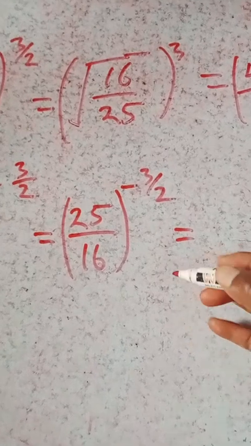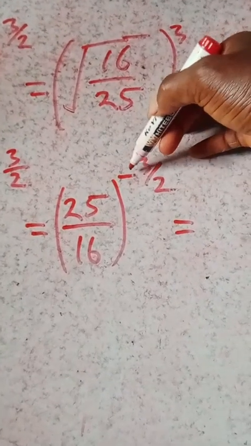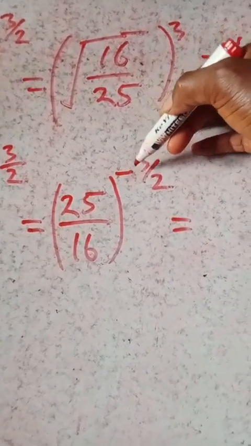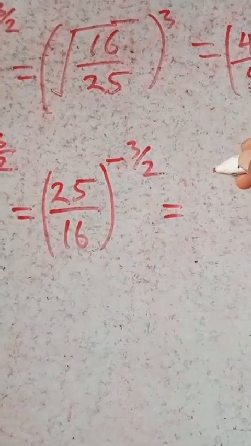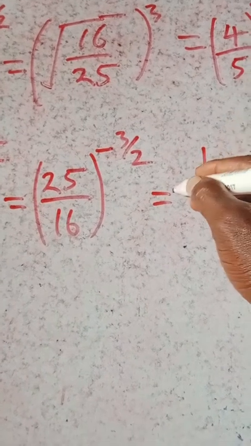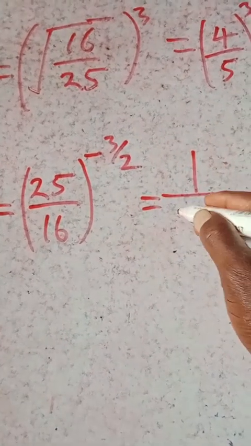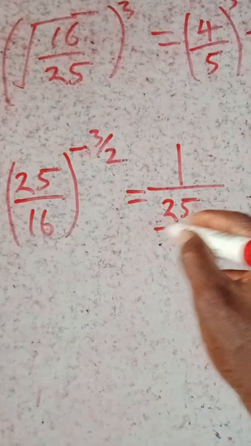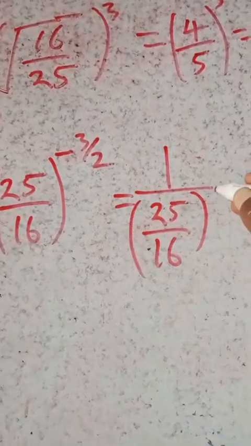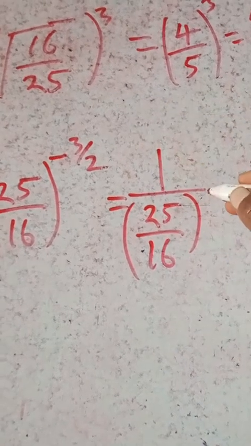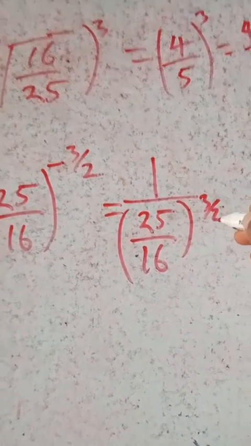All right, so at this point there's a negative sign here. Anytime there's a negative sign, it means we are going to put 1 all over the base, which is 25 over 16, then raised to power 3 over 2.